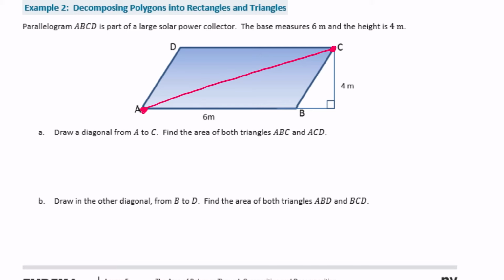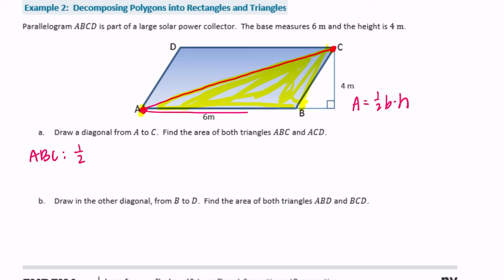Okay, so remember the area of a triangle. Let's do ABC, which would be this triangle right here. So let's start with that one. Area of a triangle is 1/2 base times height. So ABC would be 1/2.